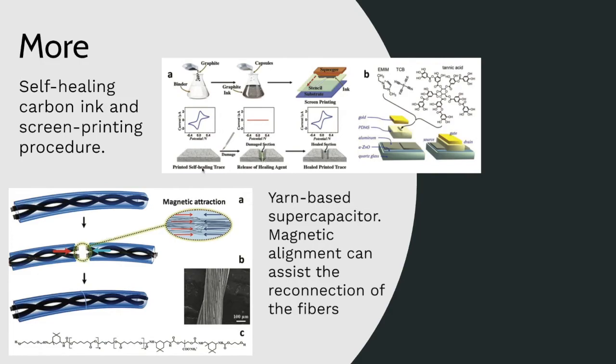So the idea is still the same. You have the healing agent, release the healing agent, and then heal the printed trace here. But you are making the template for the printing. This is the same as before, the magnetic attraction, yarn-based supercapacitor.